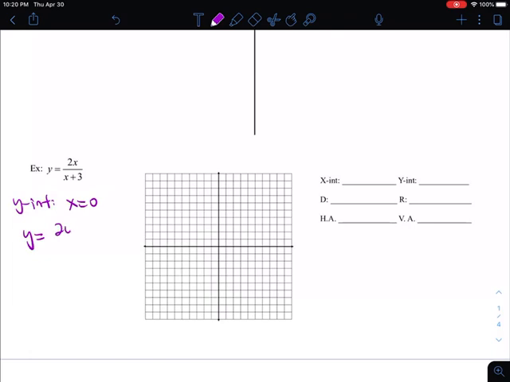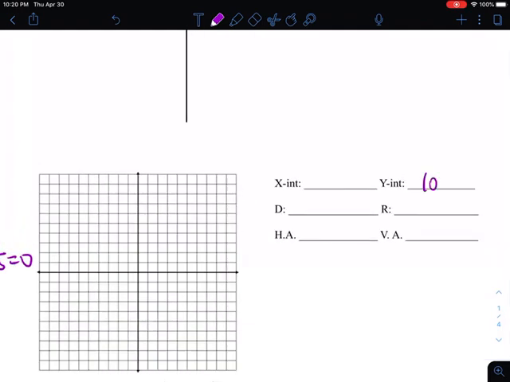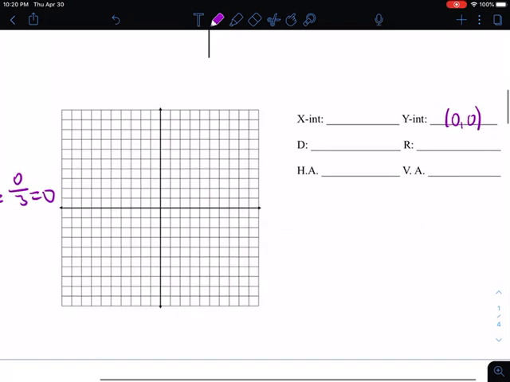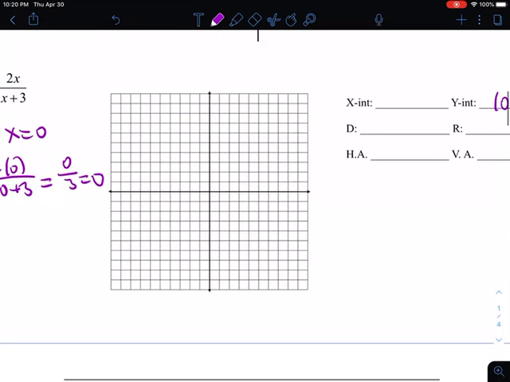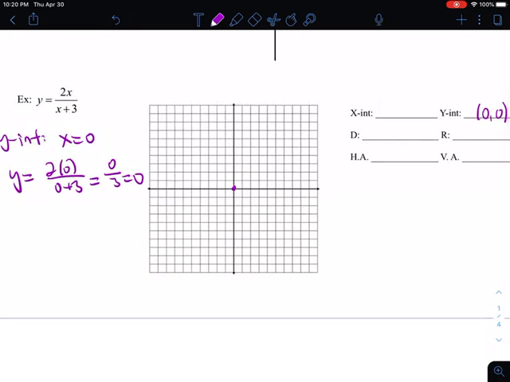Then I have y is equal to 2 times 0 over 0 plus 3. That's going to be 0 over 3, which is 0. So my y-intercept is 0. Let me put that in: 0, comma 0. That's my y-intercept, and let's graph that as well. So here's 0, comma 0.